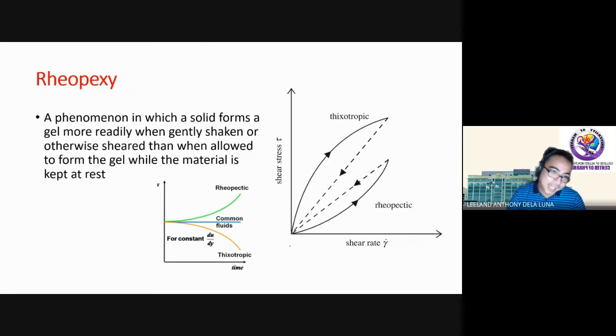What about rheopexy? Okay, rheopexy naman class, on the other hand, is a phenomenon in which a solid forms a gel more readily when gently shaken or otherwise sheared than when allowed to form the gel while material is kept at rest. Ito naman class, opposite ng thixotropic. Kung si pseudoplastic, ang opposite niya is dilatant, ang opposite ng thixotropic is rheopexy.